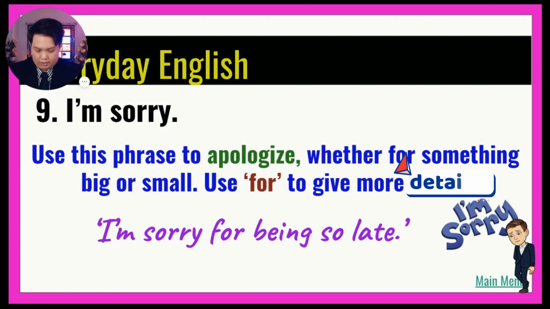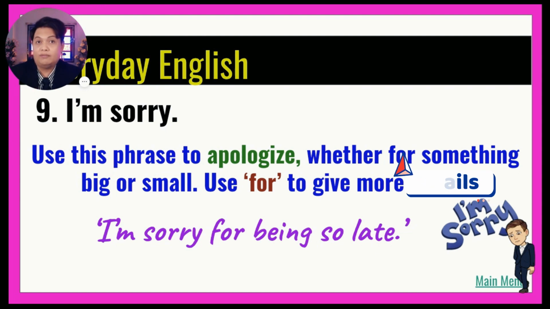Okay, I don't know, for me I almost use this every day whenever I do something or say something that I'm not thinking twice about. All right, so I could say, I'm sorry. One more, let's say, I'm sorry. Very good. Use this phrase to apologize, whether for something big or small.